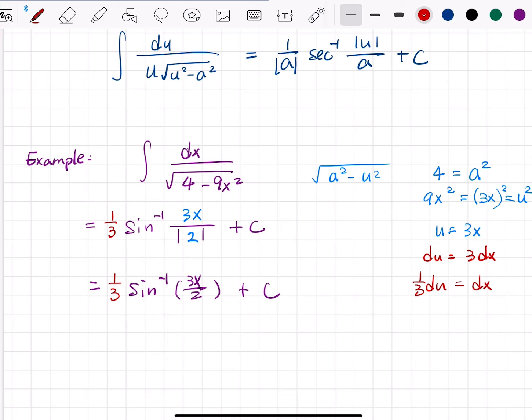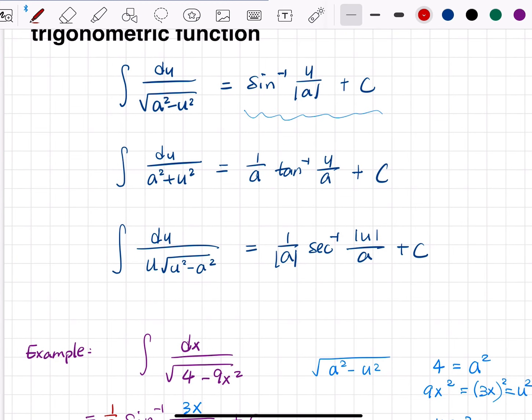Because of the u, we need to match the du and the dx also. So here we're going to think about a composition function or chain rule. So du is different than dx. u is a function of x. So we do need to find what du is and then what the relation is between du and dx.